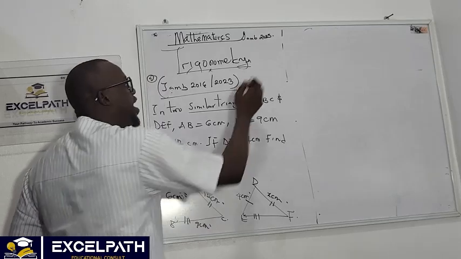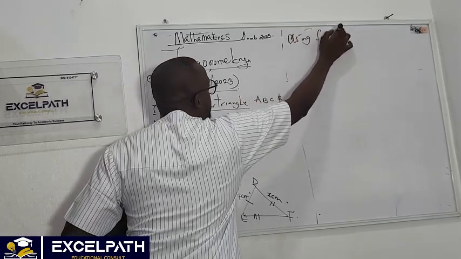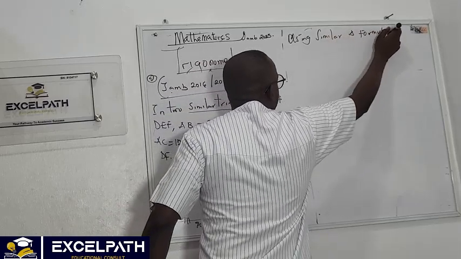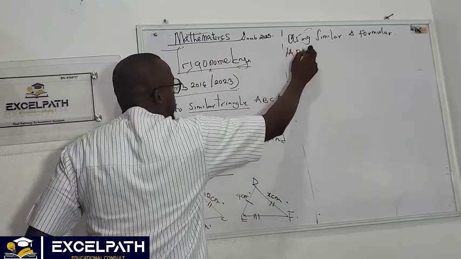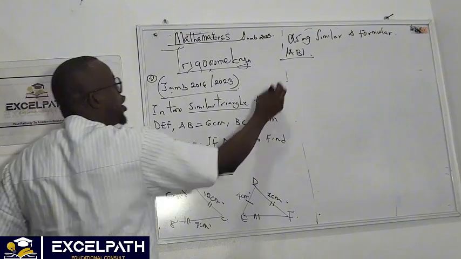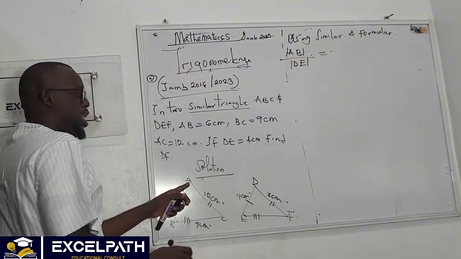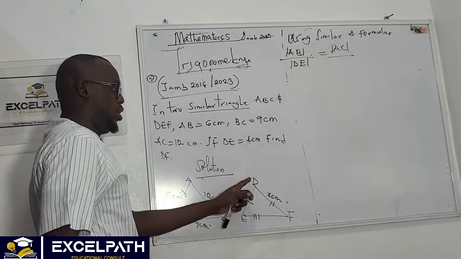Using the similar triangle formula, you have line AB over line DE equals line AC over line DF.